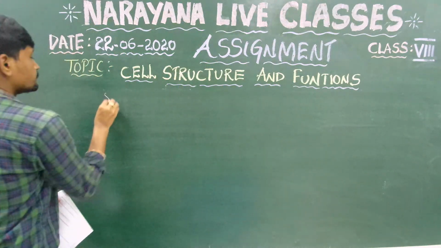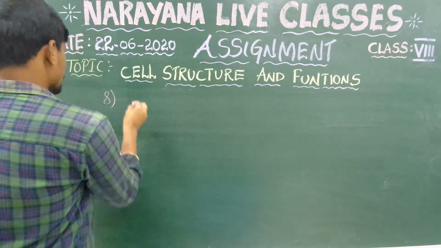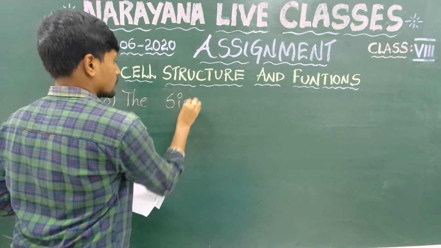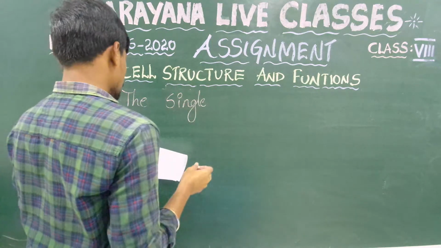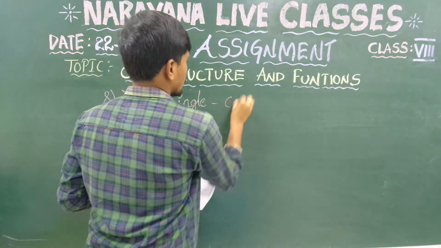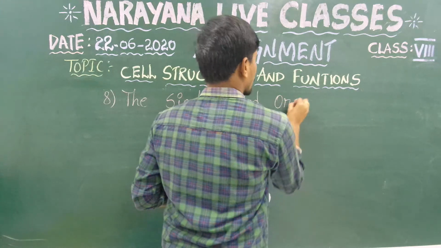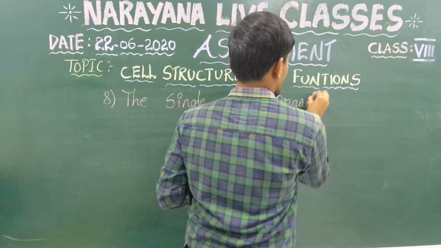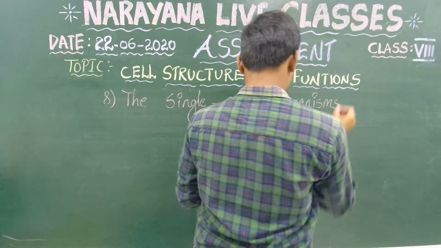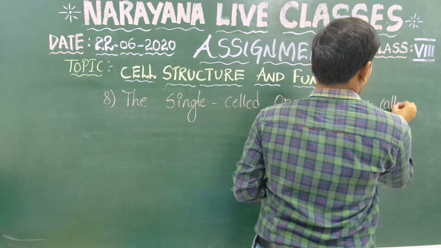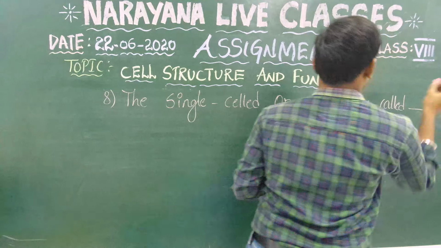Eighth one. The single cell organisms are called dash.